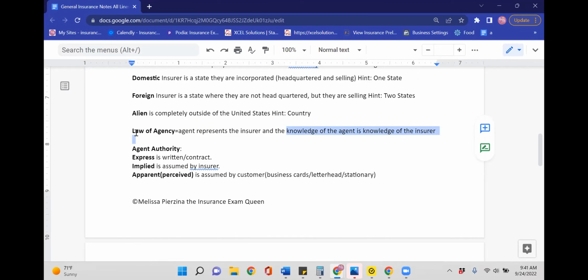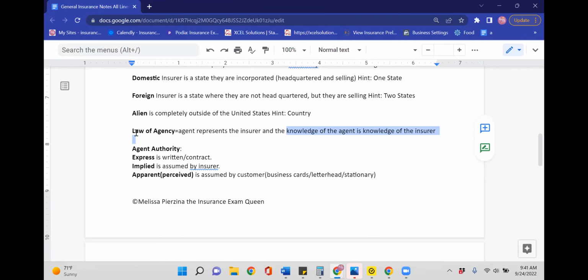Any knowledge that I tell them about their policy, about their coverage, is knowledge of the insurer.